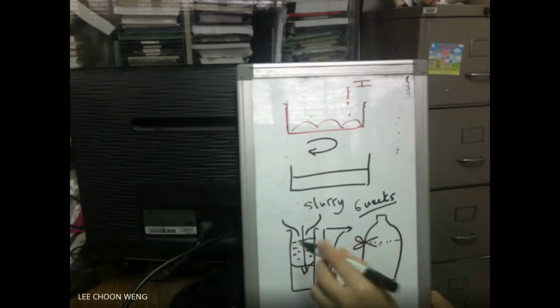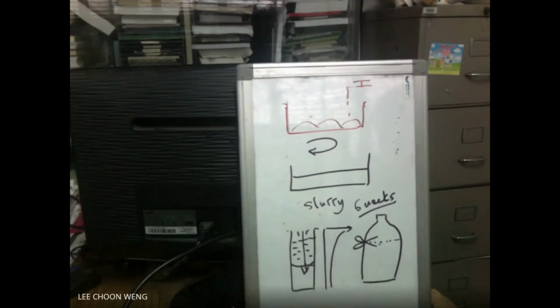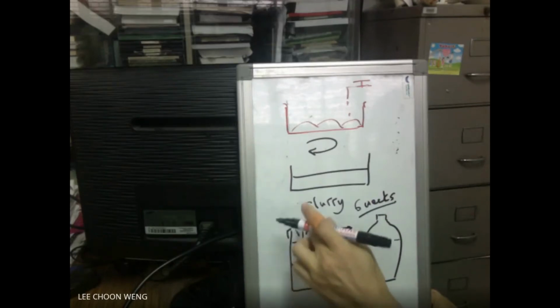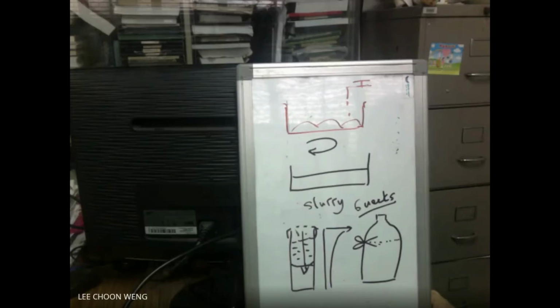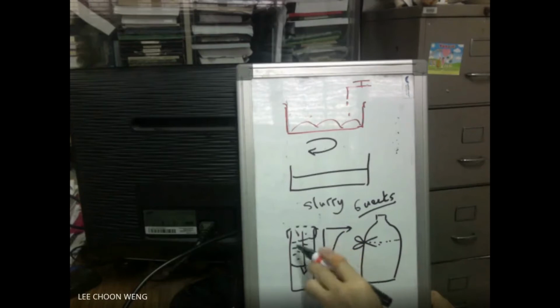For the final bottle, we will also cover it up with saran wrap and make holes in it. We cover it to reduce the condensation rate, but we poke some holes there so that the surface layer remains aerobic.